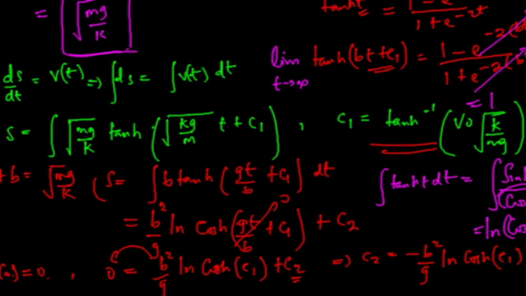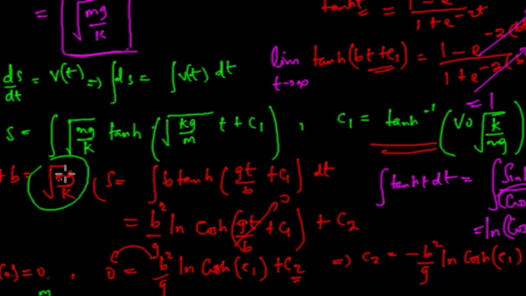Therefore we have already gotten the value of c2, and hence we now have our final solution as s equal to m all over k. You know, s is b squared all over g, and we already know what b is representing. That is b equals root mg over k.